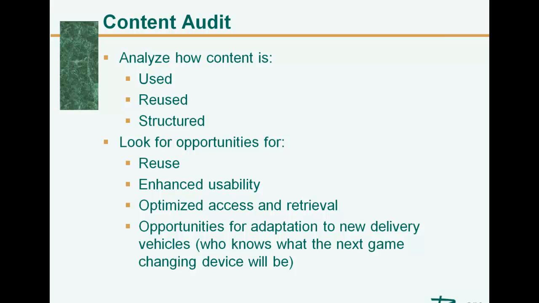As we're looking at the content, we're starting to look for opportunities for reuse, for enhanced usability, readability. We're looking at how people could get at this information more effectively, so we look at it for better access and retrieval. We look at how well it's going to adapt to new delivery vehicles.